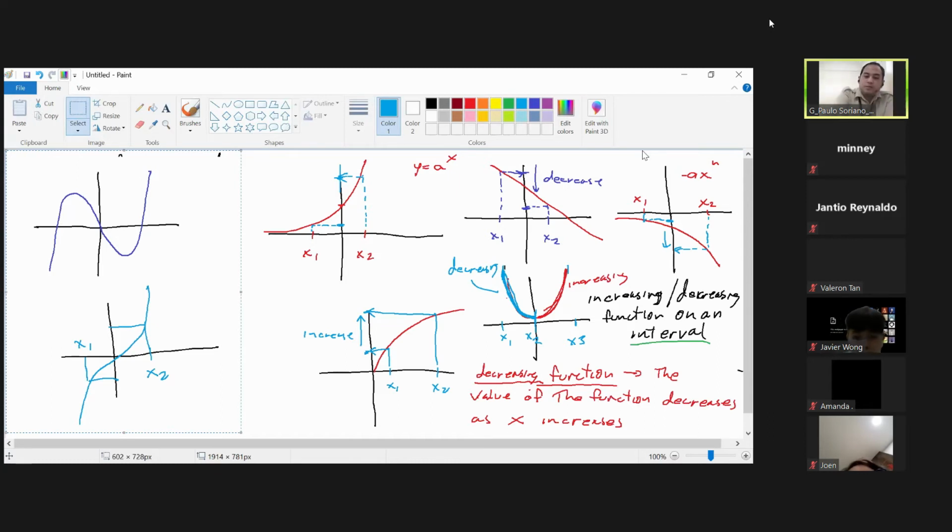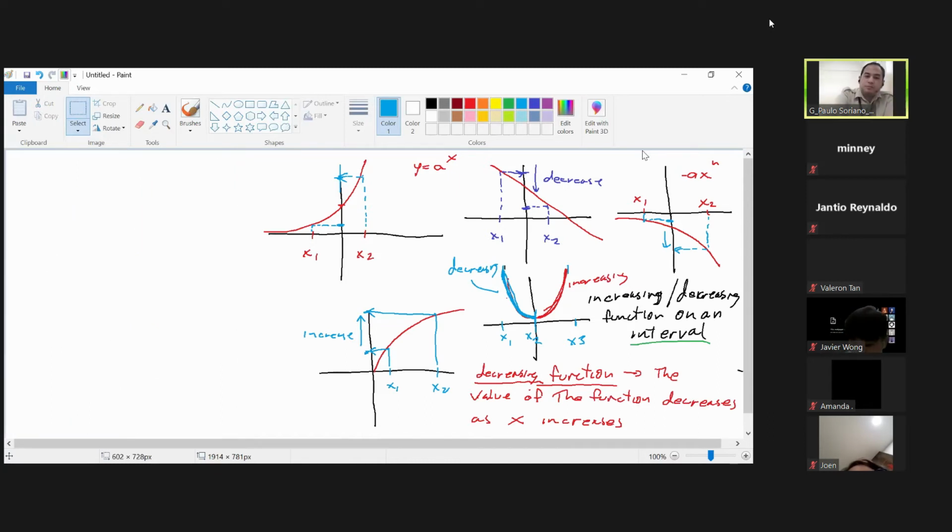Okay, the answer to that is determining your gradient, okay? Just look at this. A decreasing function has a negative gradient. While an increasing function, even if you have a curve, you just need to get the gradient function of that tangent. And if it is positive, then you will have an increasing function.